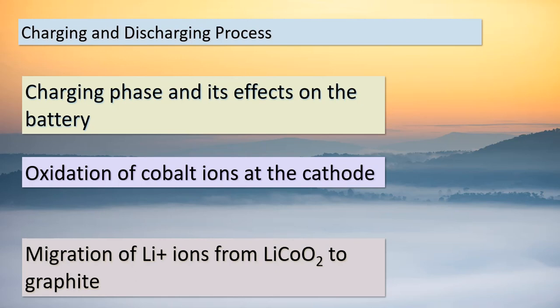On the flip side, when the battery is discharging to produce electricity, the Li+ ions move spontaneously from the graphite anode through the electrolyte to the cathode. This movement creates an avenue for electrons to flow through the external circuit, powering our devices. It's like witnessing a symphony of ions and electrons orchestrating energy transfer. Stay tuned as we unravel even more about the inner workings of these incredible energy storage systems.